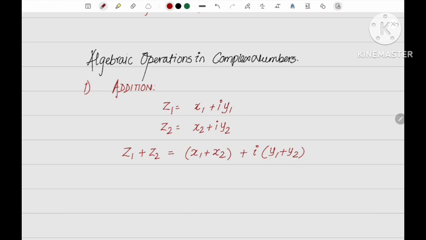So you add real components all together, you add imaginary components all together, and put them in place of the real and imaginary components to find the resultant complex number.